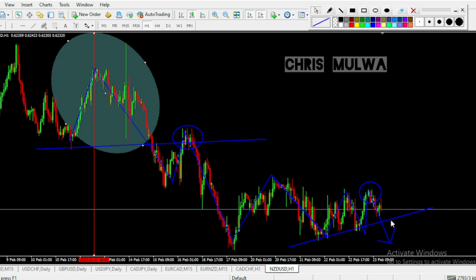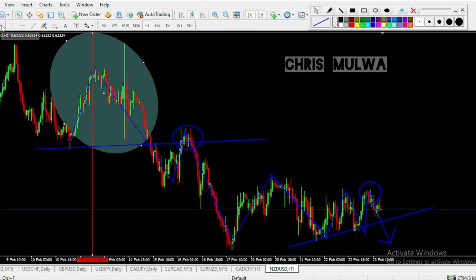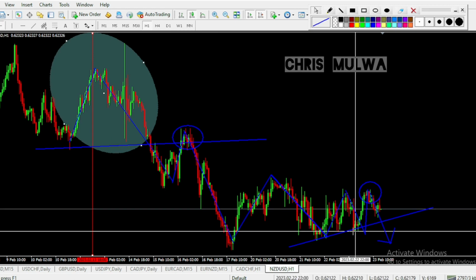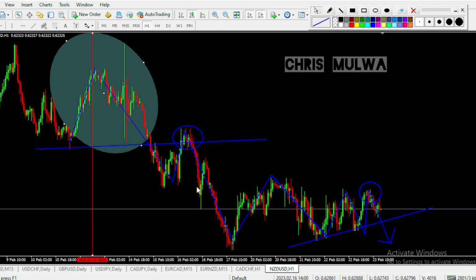So that day it moved 61 pips, as opposed to our movement today of around 41 pips, and the market is going down. The same case here, the market went down and broke this low. So we are expecting the market to still behave the same.